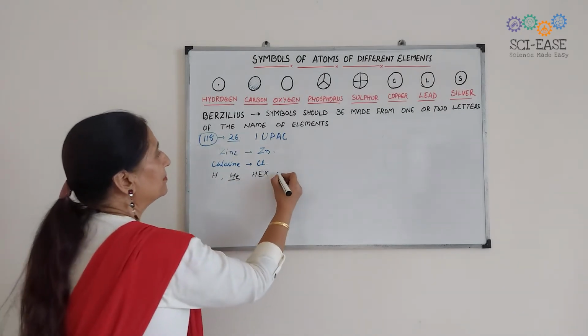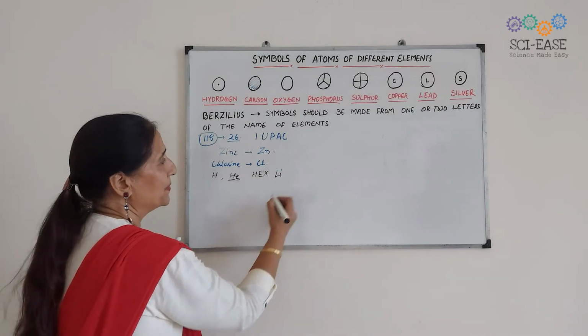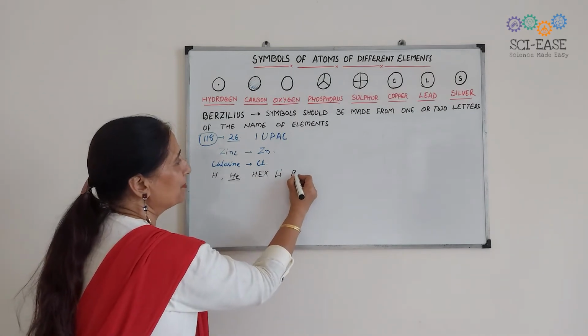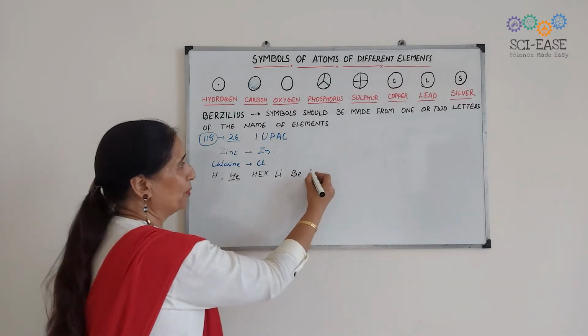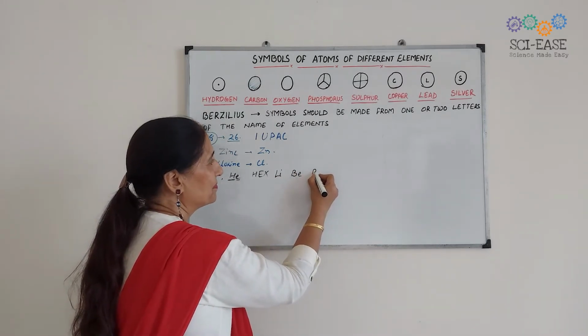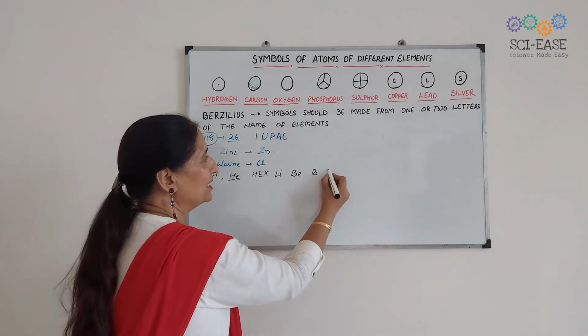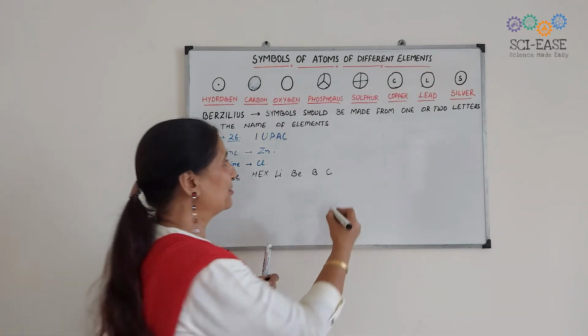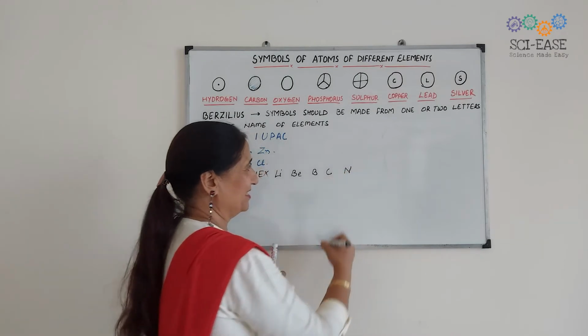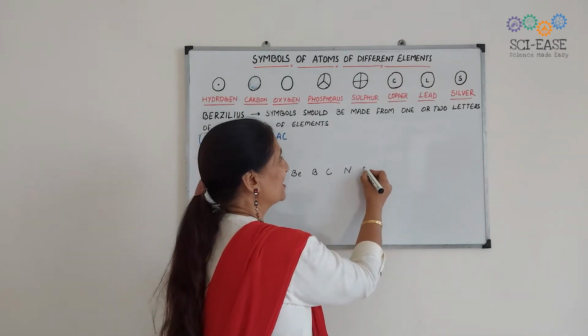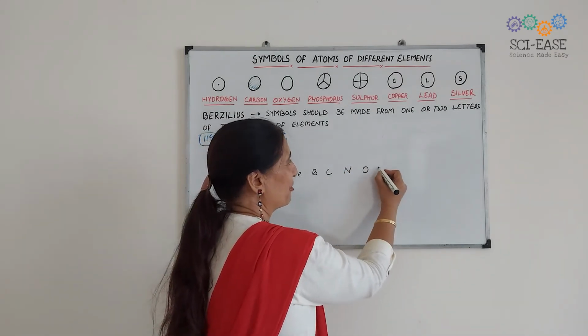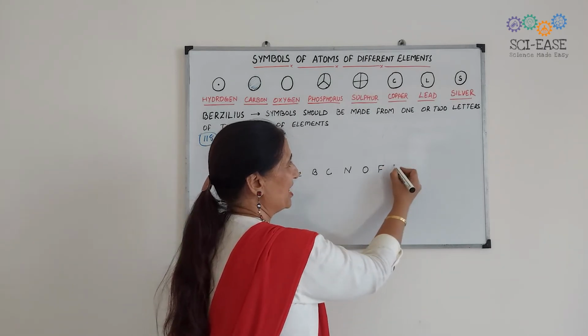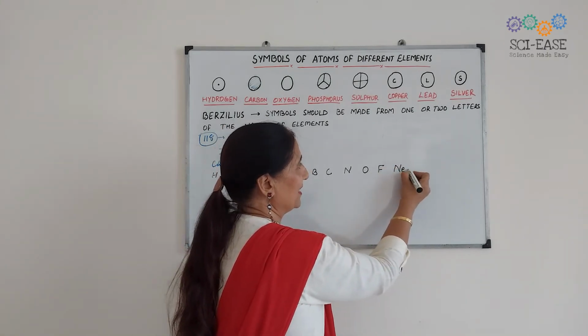Third, lithium, Li. Then beryllium, Be. Boron, B. Carbon, C. Nitrogen, N. Oxygen, O. Fluorine, F. Neon, Ne.